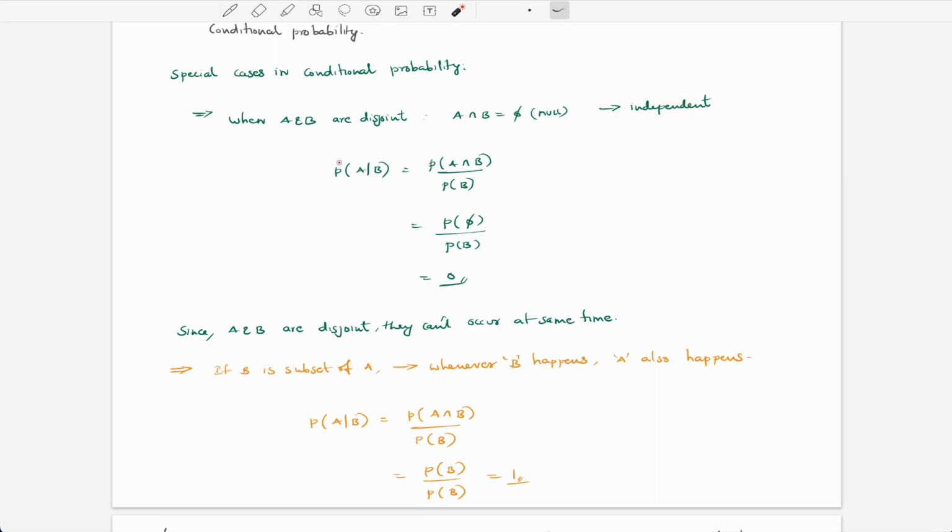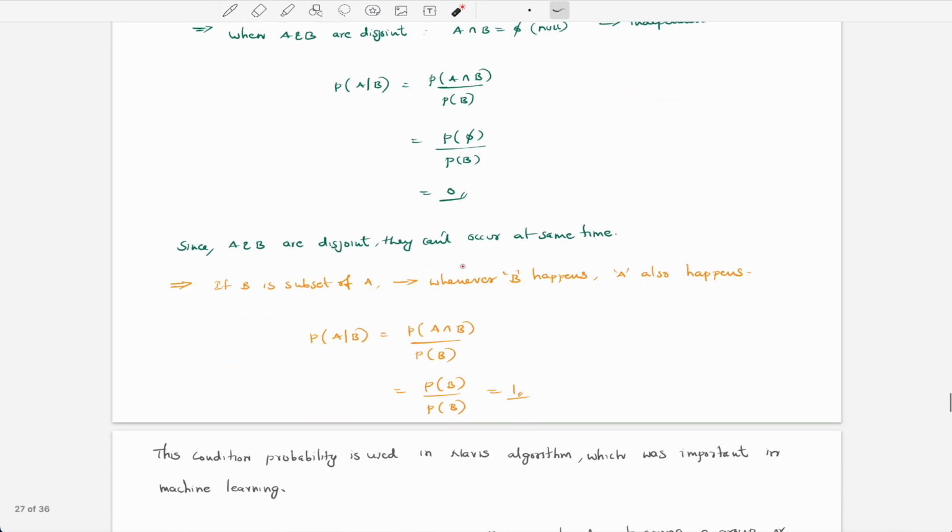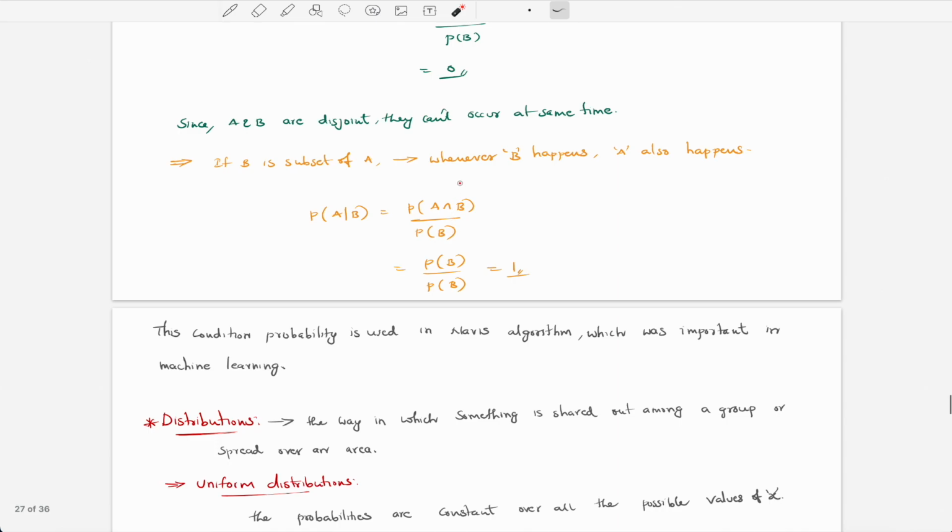So how are we going to find the probability of A given B? The A intersection B will become null, so the probability of null divided by the probability of B results in 0, since A and B are disjoint, so they cannot occur at the same time.